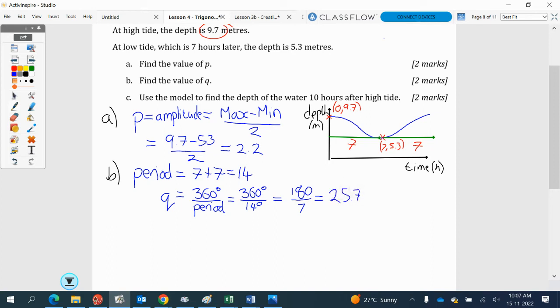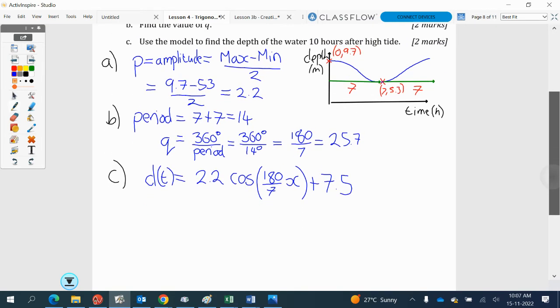Now, when you're modeling, you don't want to use an approximate value, you want to use the exact value. So our model now is d of t is equal to 2.2 cosine of 180 over 7 times x plus 7.5. This is our model.